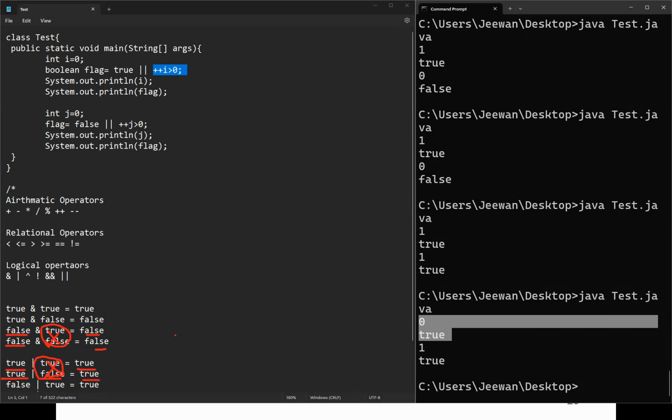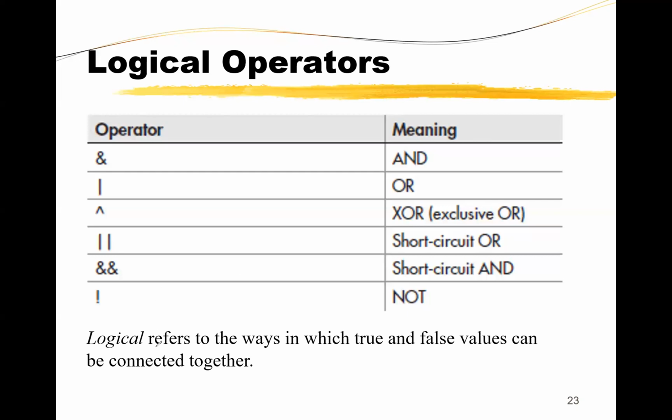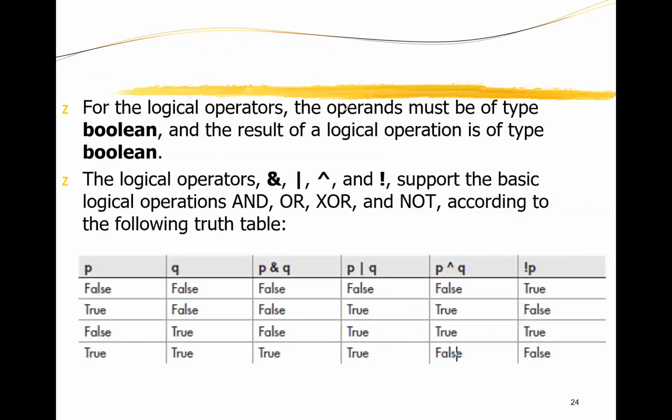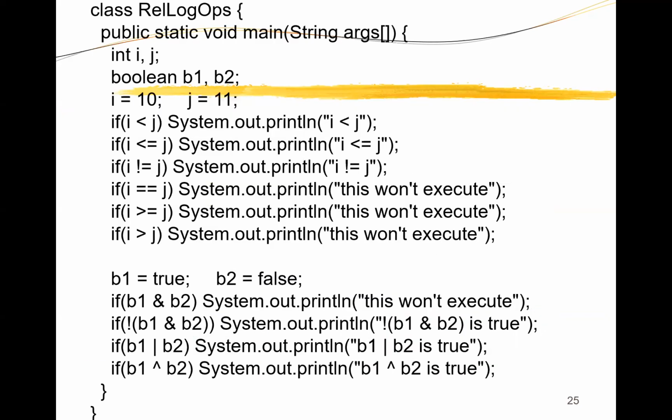Now that is how you use the short circuit AND operator and the short circuit OR operator. For the logical operators, the operands must be Boolean, and we have done this already.